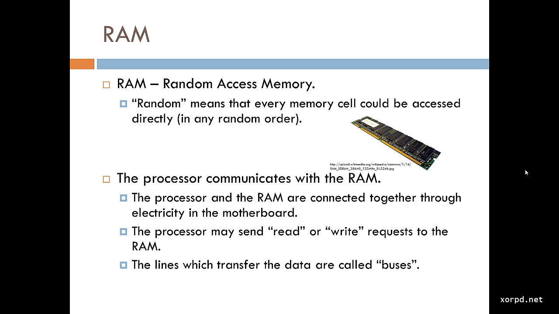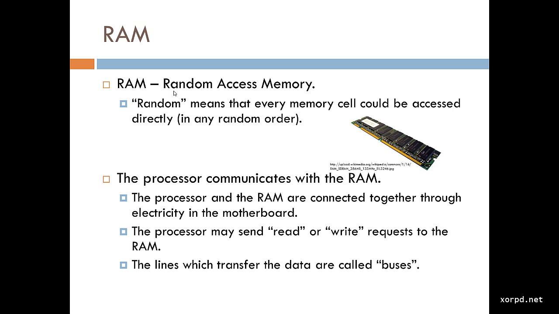The RAM, also known as Random Access Memory. That's what the letters stand for. Random is a bit of an unfortunate choice for the name of this kind of memory, because you might be thinking that it may be related to some kind of random numbers or maybe random permutations or something like that, but no. Random actually means, or that was the original intention when it was called random, that every memory cell could be accessed directly, or maybe in any random order.